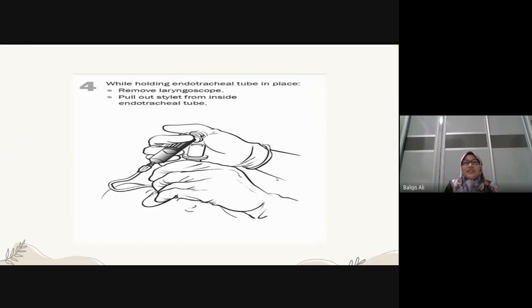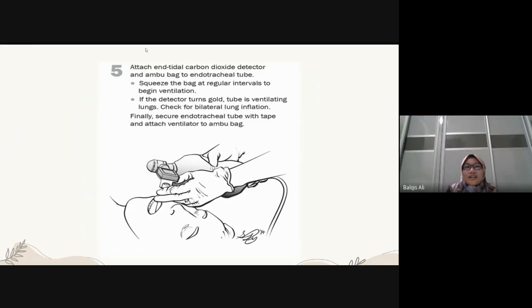And then while holding the endotracheal tube in place, remove the laryngoscope and pull out the stylet from inside the endotracheal tube, if you inserted the stylet before to guide the tube. But if you didn't, you don't have to, because the stylet is optional, just to guide the endotracheal tube. Okay, and then we attach the end-tidal carbon dioxide detector and the bag to the endotracheal tube.